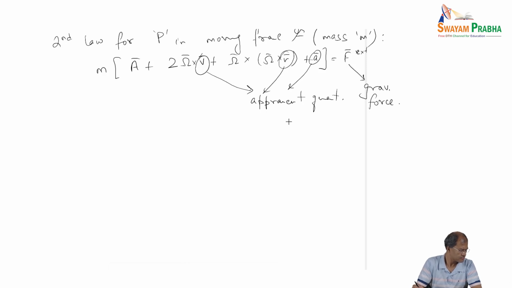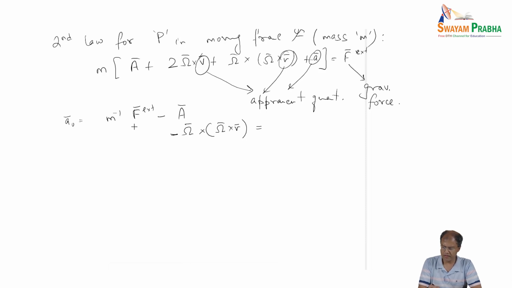Now we see that A naught is m inverse F external minus A minus 2 omega cross V minus omega cross omega cross R. I am just transferring all these terms to the other side, the Coriolis terms and the centrifugal terms, to the right-hand side.